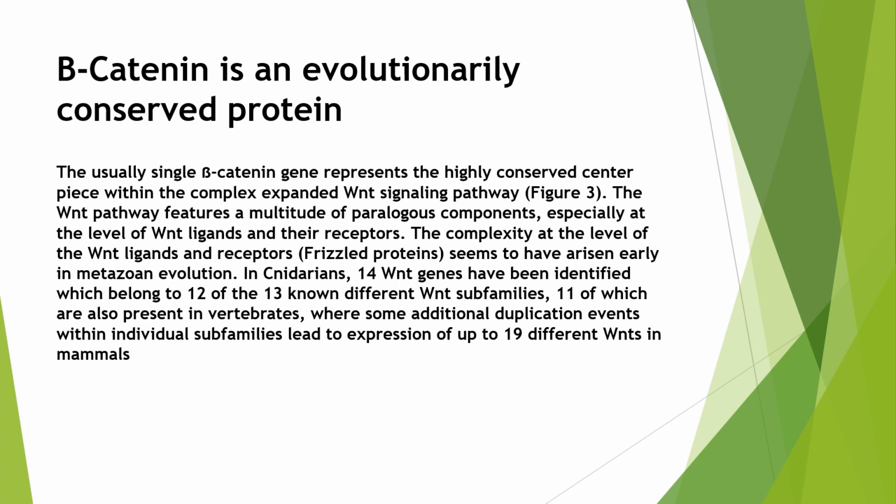Beta-catenin is an evolutionarily conserved protein. The beta-catenin gene represents the highly conserved centerpiece within the complex expanded Wnt signaling pathway. The Wnt pathway features a multitude of paralogous components, especially at the level of Wnt ligands and their receptors.